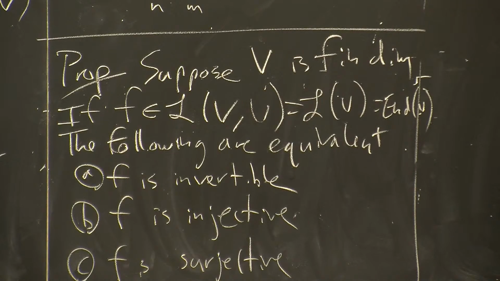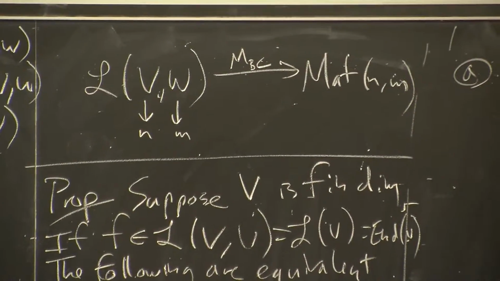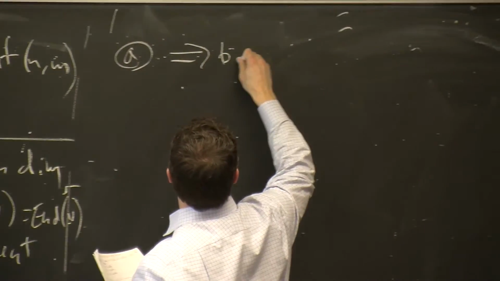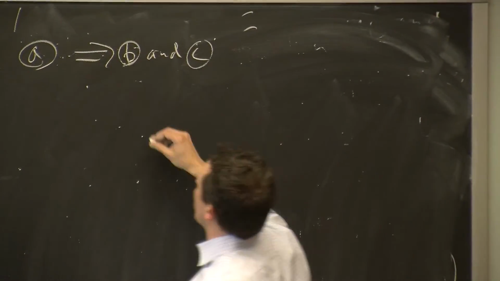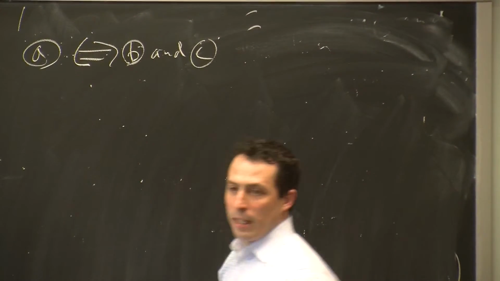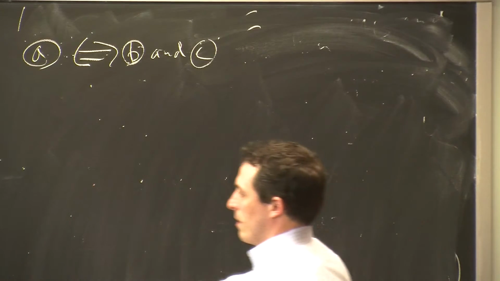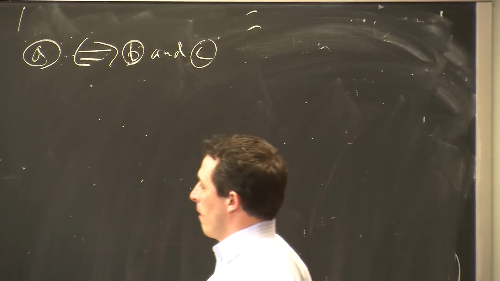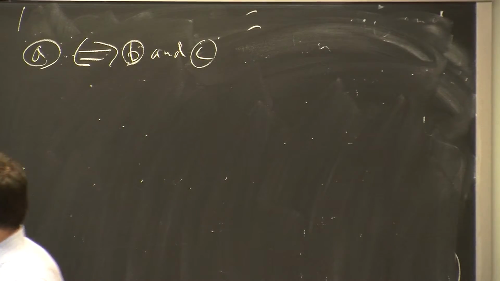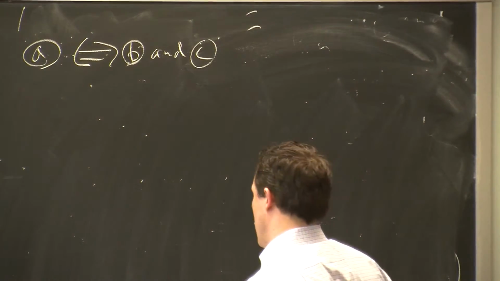And that's the surprising part. Okay. So by that previous theorem, we have that A implies B and C. Right? And also B and C imply A. If I have something which is injective and surjective, then it's invertible. If I have something invertible, it's injective and surjective. And so the surprising thing is that B implies C and C implies B. But that's the content of this proposition.